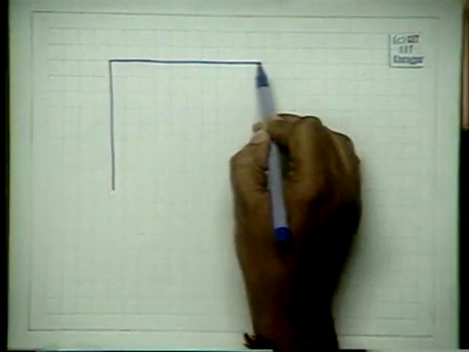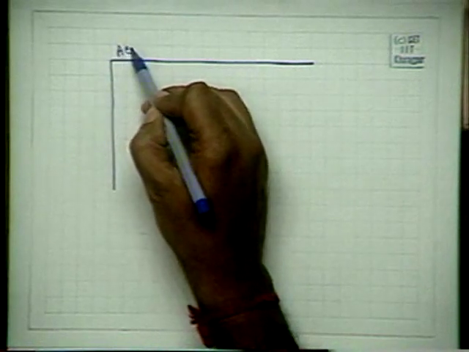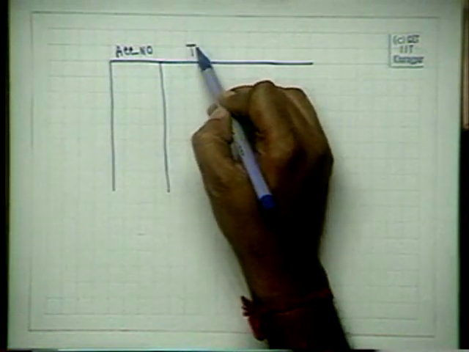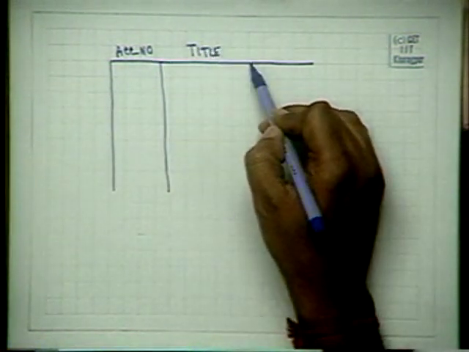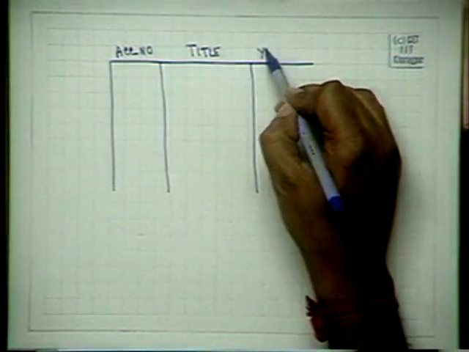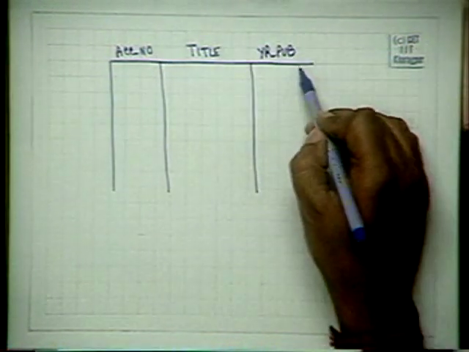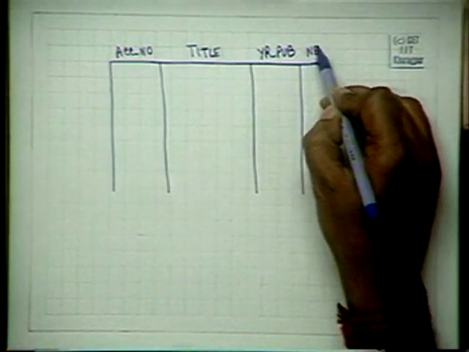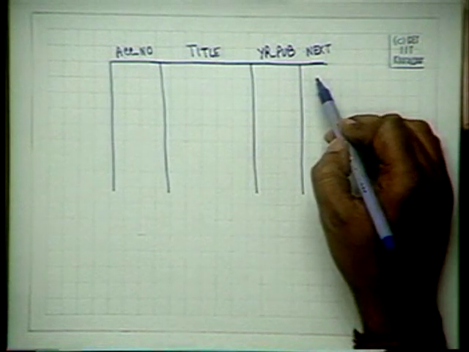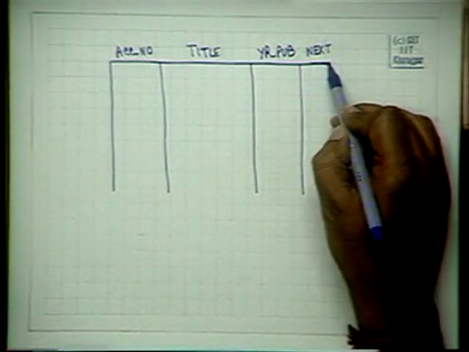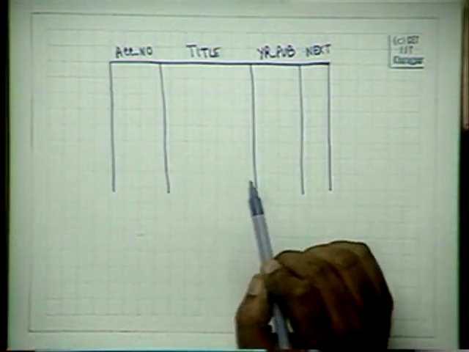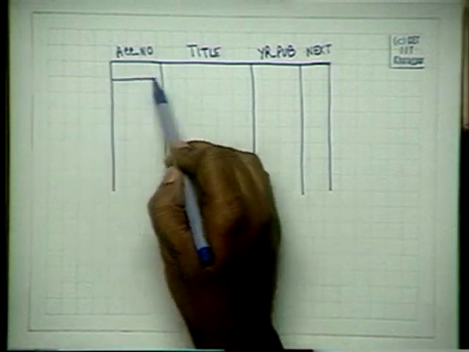What we will have is, other than the attributes, we have got the accession number, we have got the title, and we have got the year of publication. Other than this, we will maintain another one called the next.